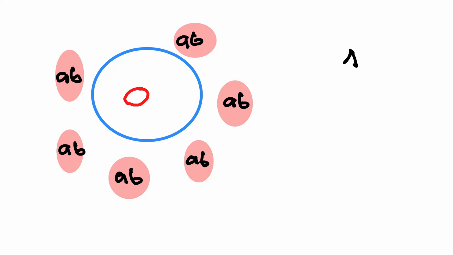It means at the outside of the cell, you can see antibody A and antibody B. So can A go there?